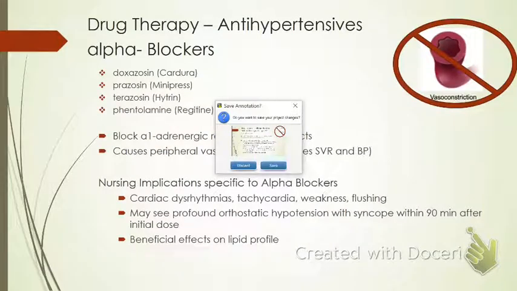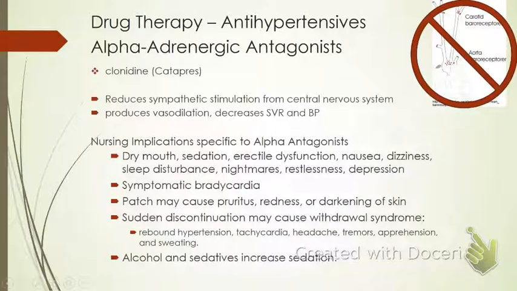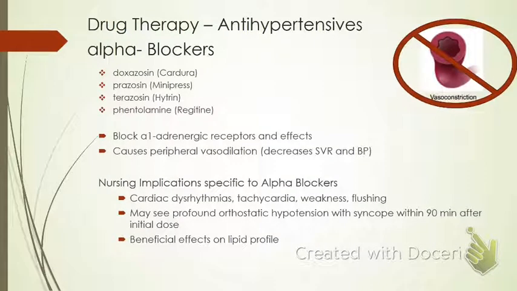Oh, what is that? Oh, wait a minute. This is an alpha adrenergic agonist. I have to think about alpha antagonists. I can't remember the difference between what they do. Alpha antagonists are basically alpha blockers, the same kind of thing. They're working on those vessels.